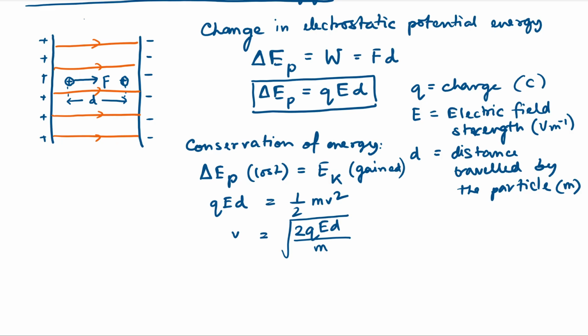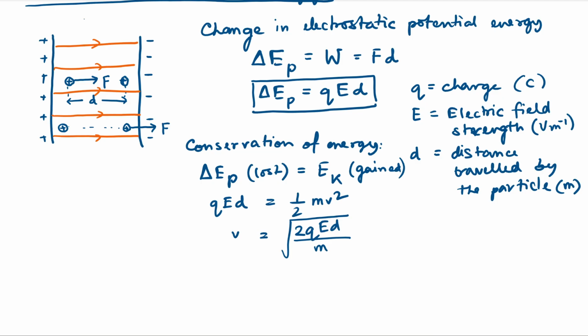It could be opposite as well. So you can have a charged particle, let's say a positively charged particle over here. In that case, the electrostatic force will be pushing it this way. And let's say you want to move the particle from here all the way to here, close to the positively charged plate. In that case, you have to do the work, pushing the particle against this electrostatic force.